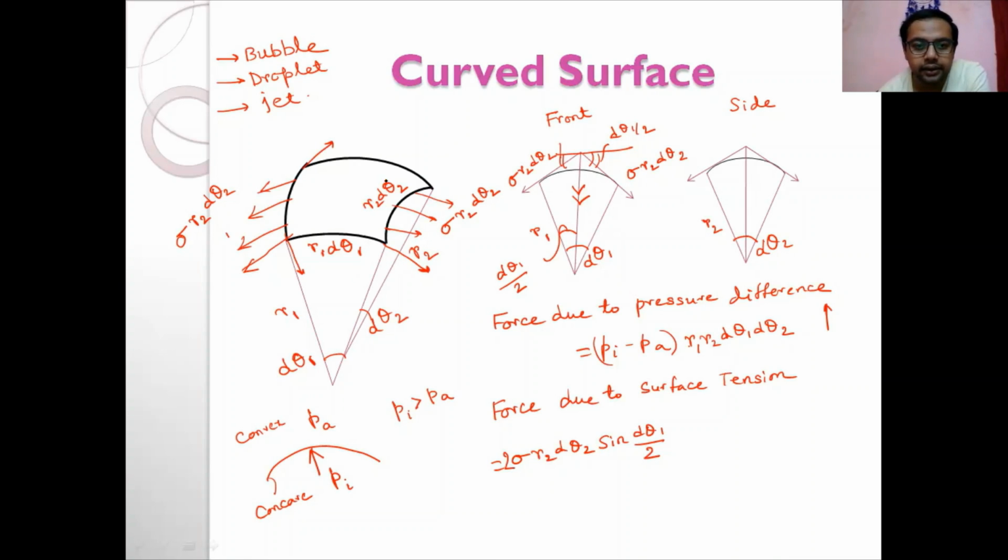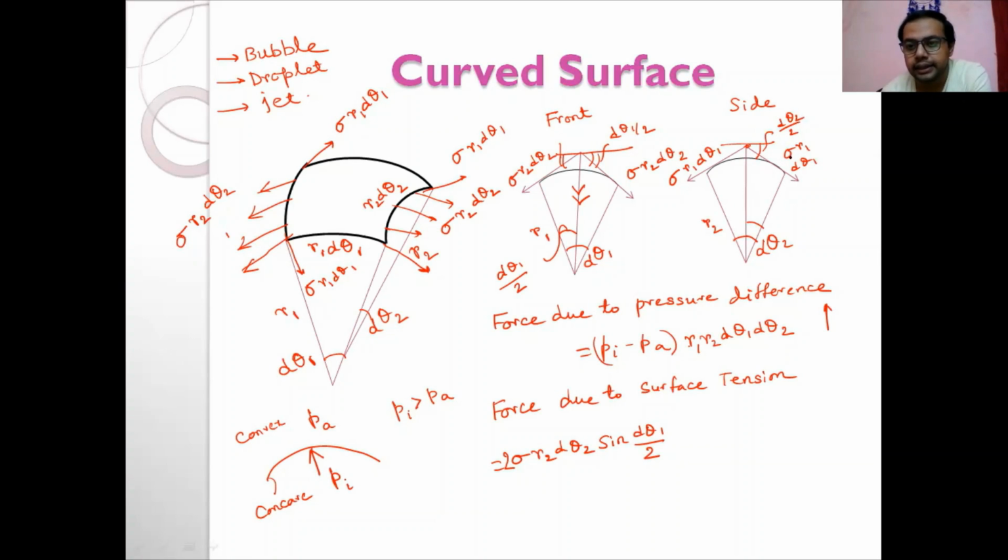Similarly, what is the force here? Sigma R1 d theta 1. In the same way, here also sigma R1 d theta 1 is acting on each side. If this angle is d theta 2, the half angle is d theta 2 by 2.